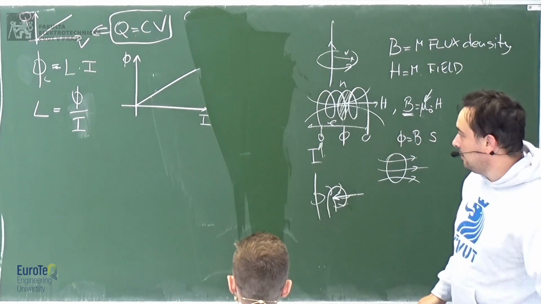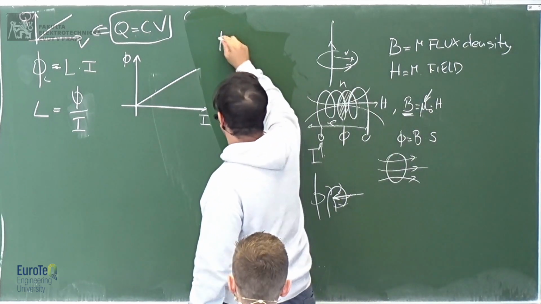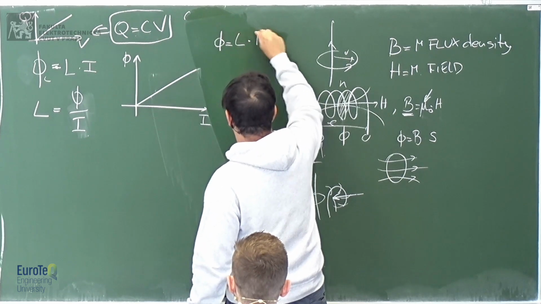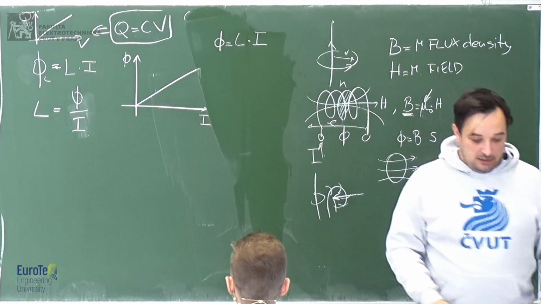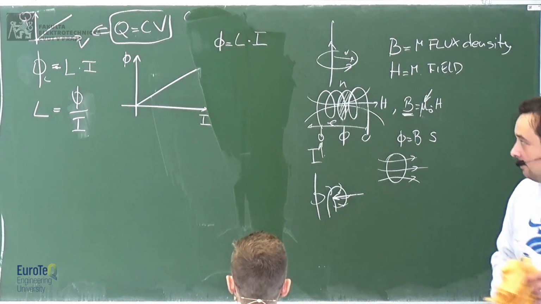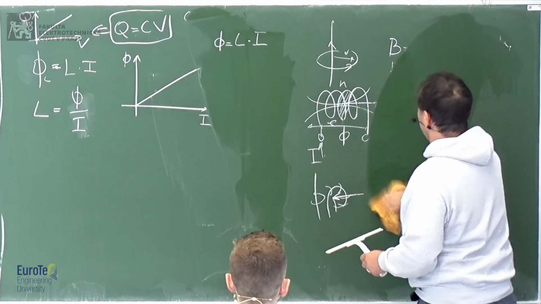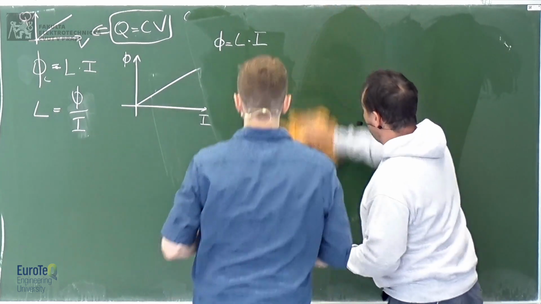So we know that phi is equal to L, the inductance, times the current. And now, what we did before when we used Q equals CV, we derived each side.